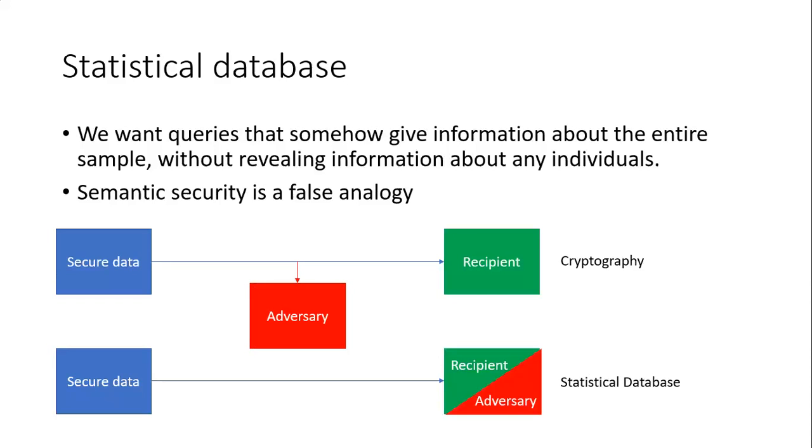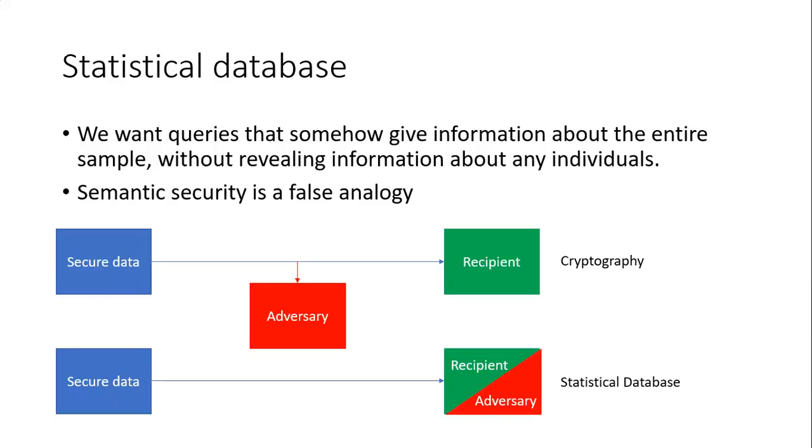You don't have a recipient who has a key and an adversary who doesn't. You just have one person receiving that message. What you would like is for them to get useful information from that query, but only useful information about the population, not about any particular individuals.